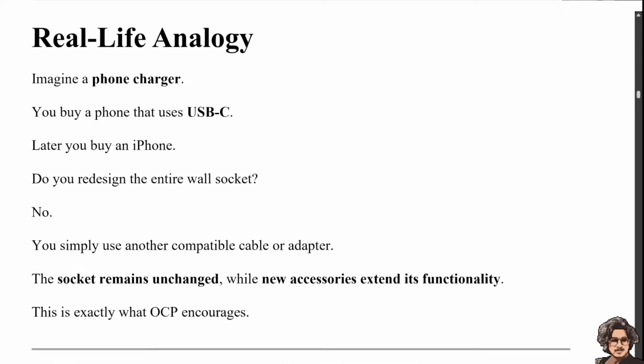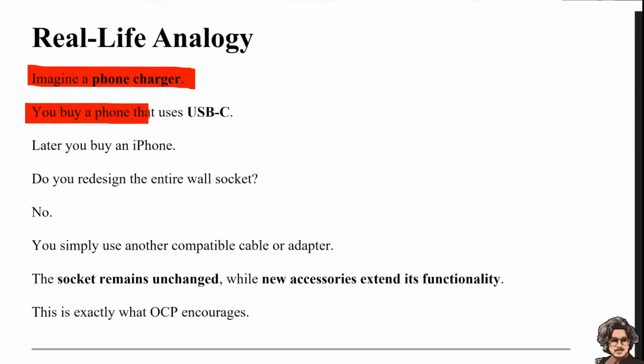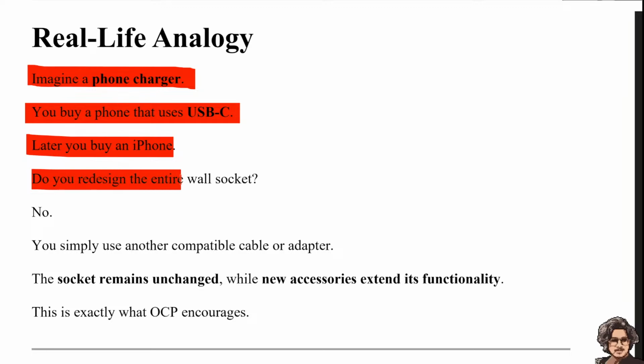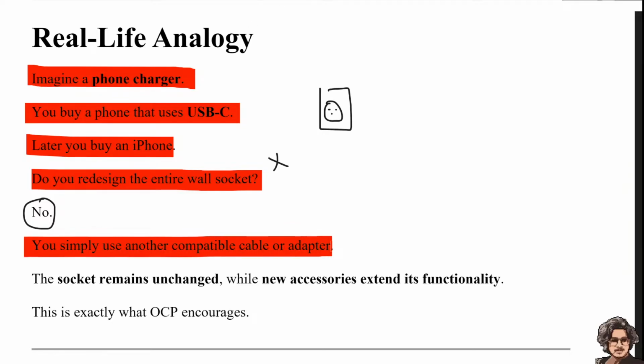A real life example: imagine a phone charger. You buy a phone that has a USB-C charger, and later you buy an iPhone. Do you redesign the wall socket? No. Your wall socket has a specific charging point, and you simply use another compatible adapter.